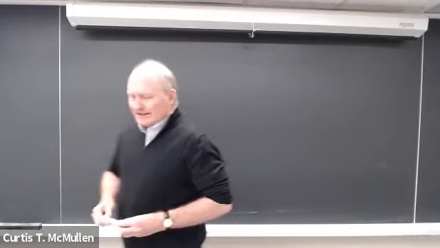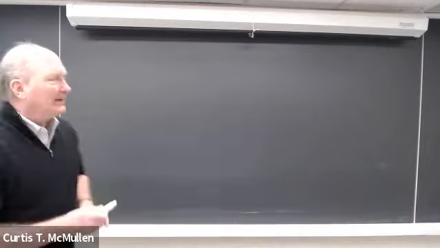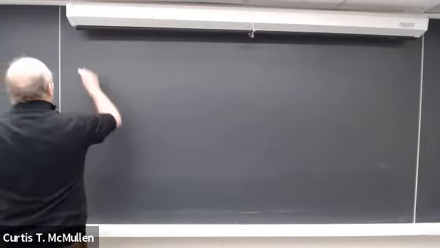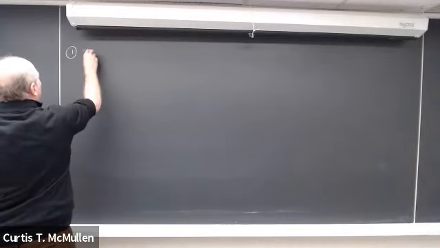So we're discussing the ways of measuring the size of a compact set in the complex plane. And so far we have the following definition. The first is called the transfinite diameter.